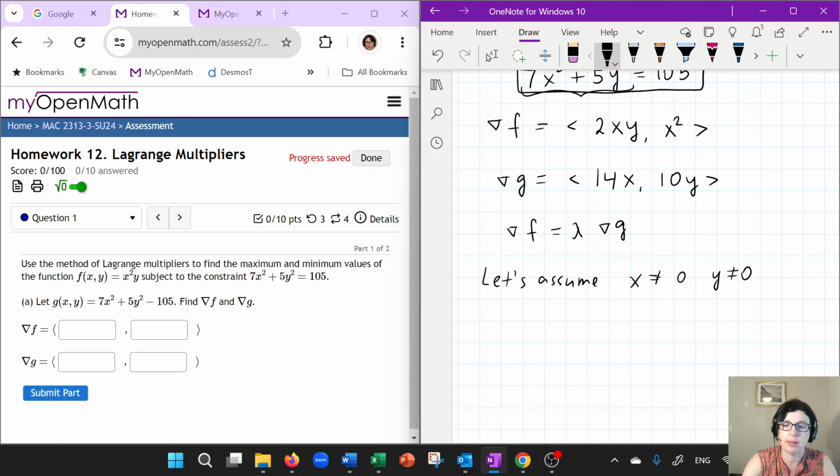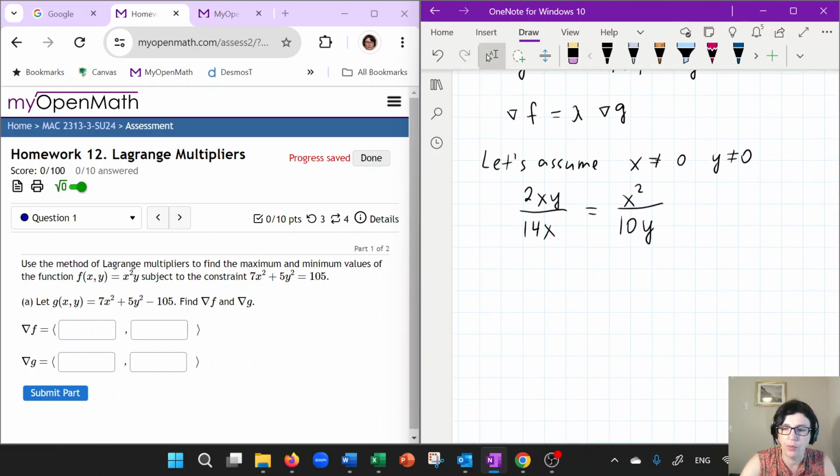Then when we say that the gradients are proportional to each other, that just reduces to the x component divided by the x component equals the y component divided by the y component. So the proportion has to work. And we'll come back to the case when one of them is 0 later on. But right now, let's just set this proportion.